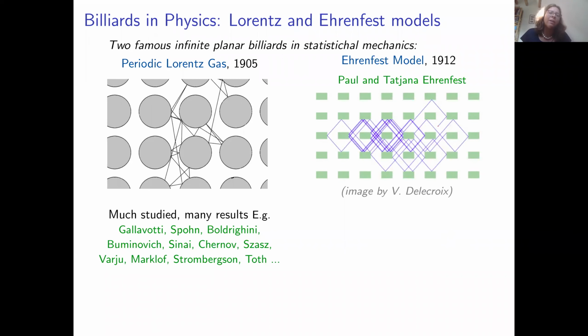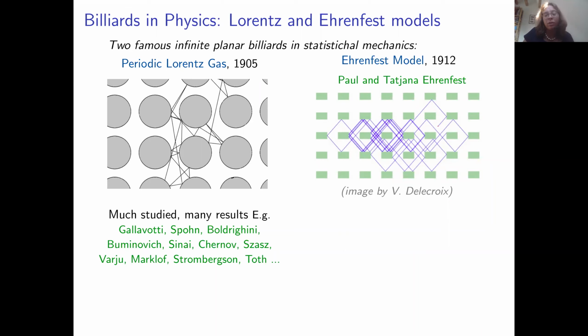And I want to compare the periodic Lorentz gas to the Ehrenfest model, also called the wind-tree model. This was a variation of the periodic Lorentz gas, introduced by Paul and Tatiana Ehrenfest at the beginning of the 20th century, so a few years after the Lorentz model.